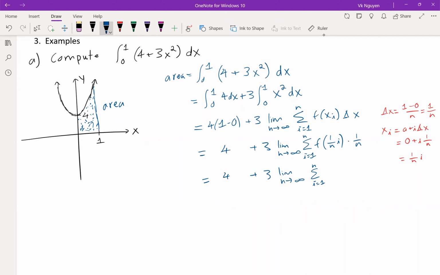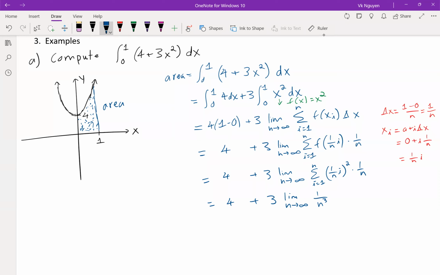Plug it into the function, and remember the function here is x squared, right? f(x) equals x squared. (1 over n) i, squared, times 1 over n. 4 plus 3 times the limit as n goes to infinity of 1 over n squared times 1 over n, which is 1 over n to the power 3.